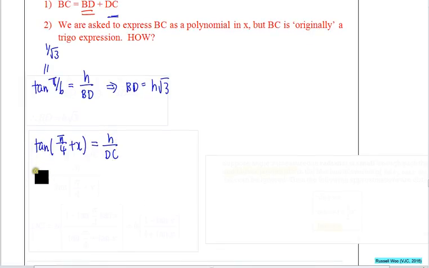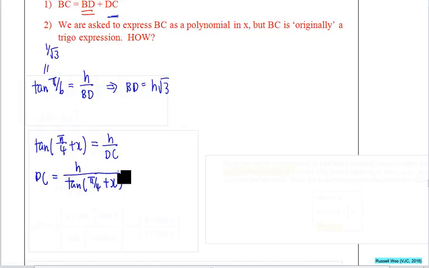Which means DC is h over tangent of pi over 4 plus x. Well, then you panic already. If you stop here, okay, I can forgive you. Most of us would have stopped here and said, okay, I cannot proceed anymore.